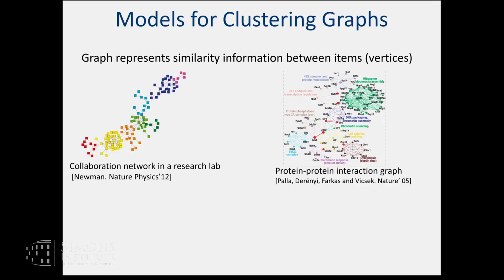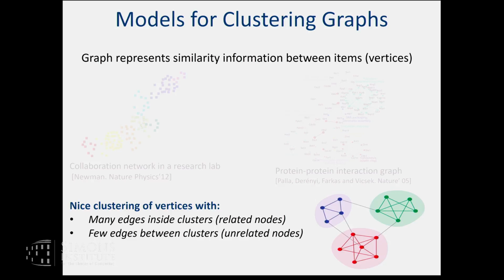On the right is a protein-protein interaction graph. In all these kinds of graphs, you see that there are nice clusters, with many more edges inside clusters and few edges between clusters. This is typically what you want your average case models to capture. Your average case distribution will typically generate such instances with many edges inside clusters and few edges between clusters.